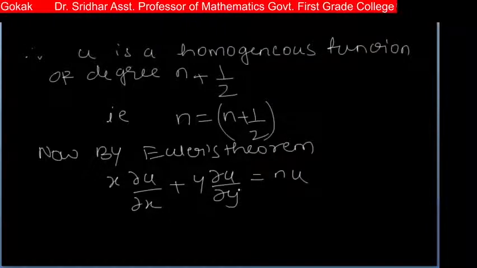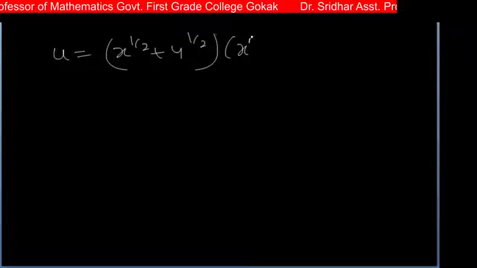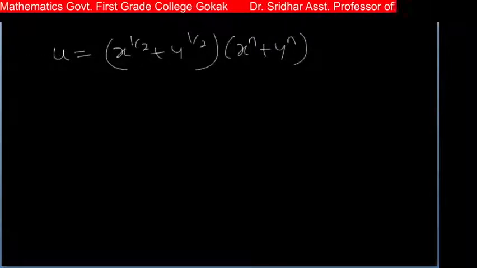Now we know what is u. So u is equal to x raised to 1 by 2 plus y raised to 1 by 2, into x raised to n plus y raised to n.